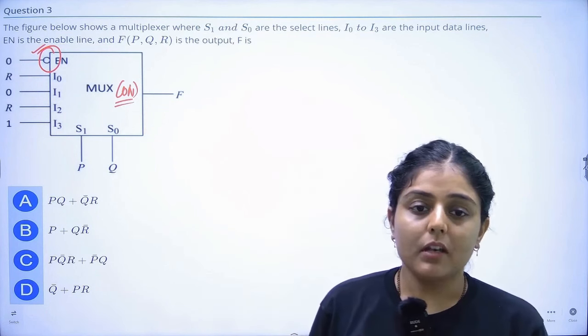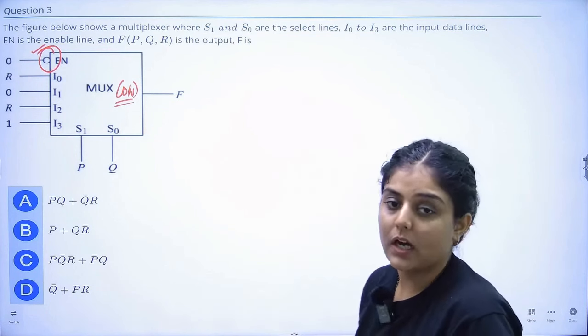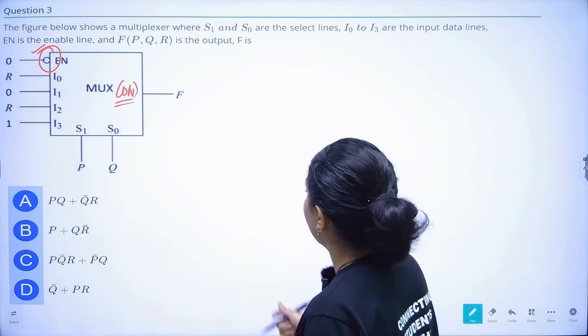En is the enable, and we have to find F, the output.